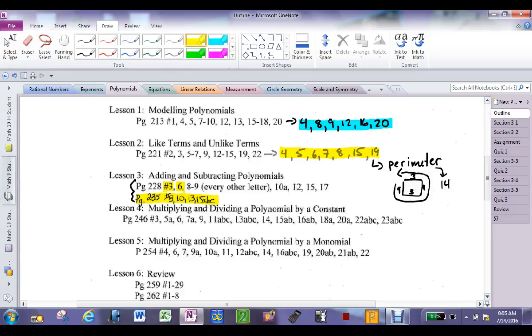I want you to do 9 only, every other letter. I want you to do 10, but not A. I want you to do all of 10. Actually, I want you to do 12, but I don't care about 15, and I don't care about 17. Okay? Good up? Great. Excellent.